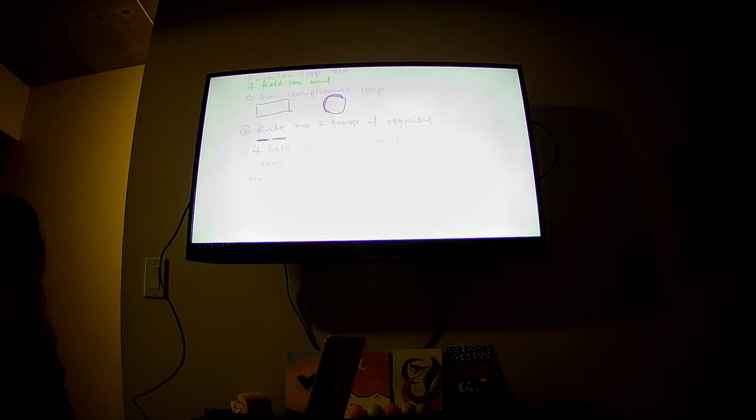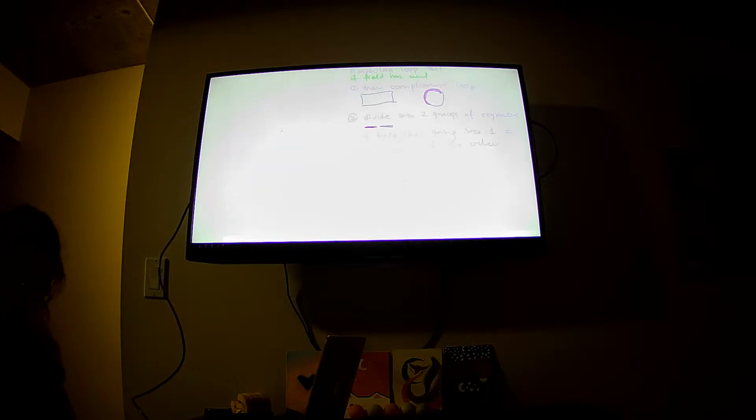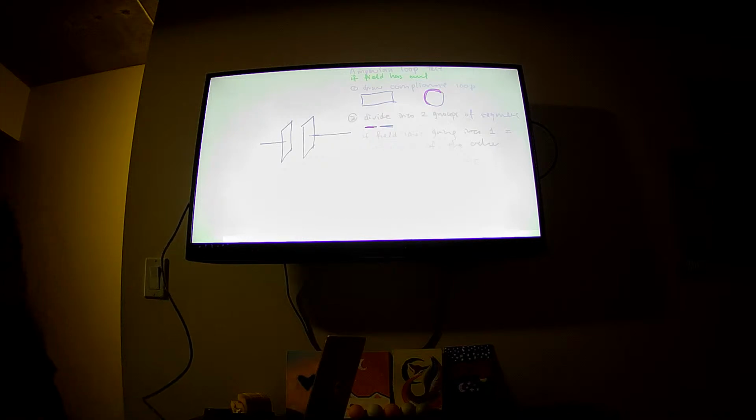Can you draw the field? If there is a field, can you make a test case? Oh, I see, like an example. Sure, later. Okay, so let's say that we have a capacitor, a double plate capacitor. And you have a wire connected to the plate and then another wire connected to the other side of the plate, right? Let's say that I wanna figure out if there's any field that is curling.